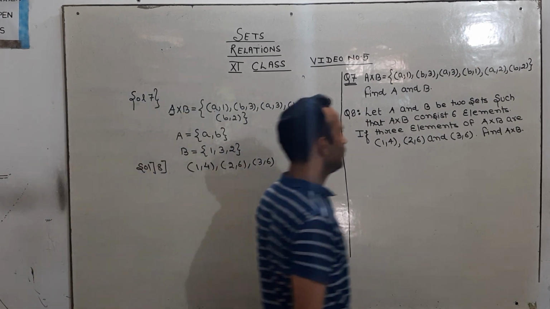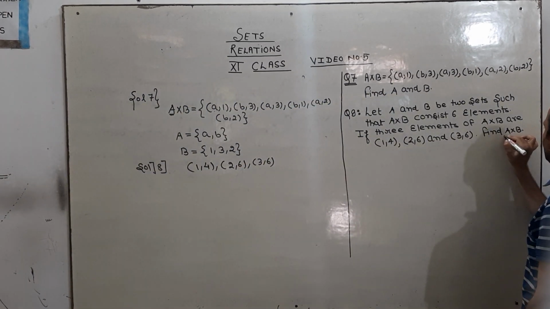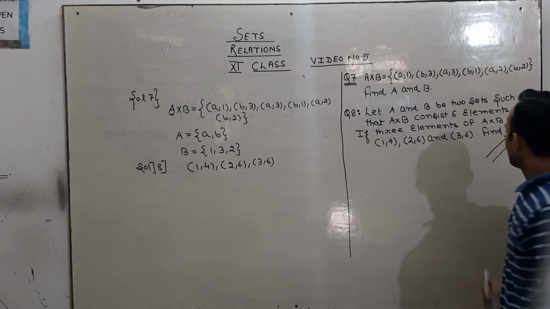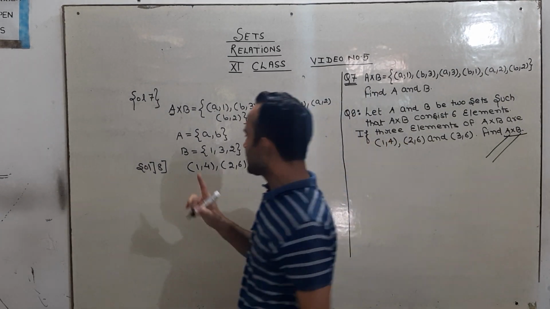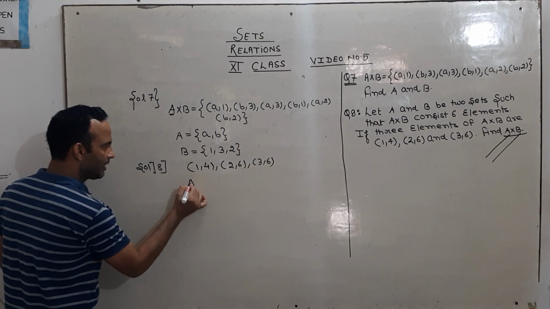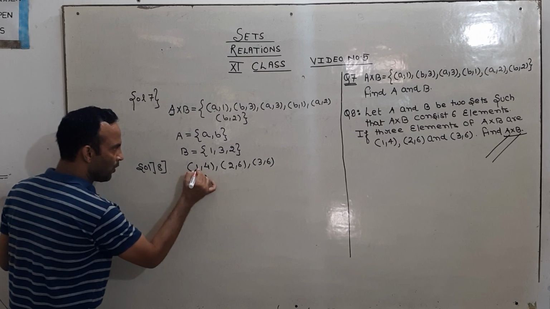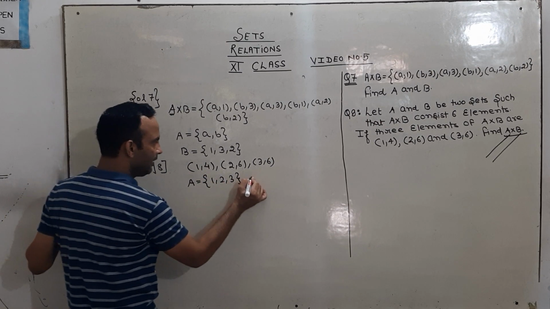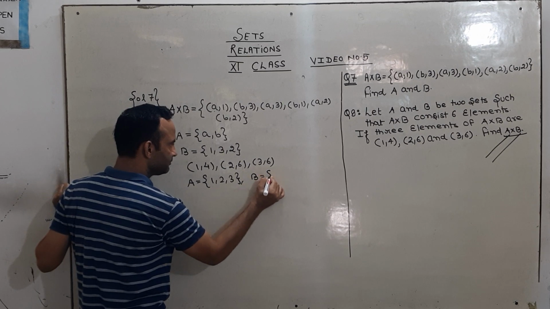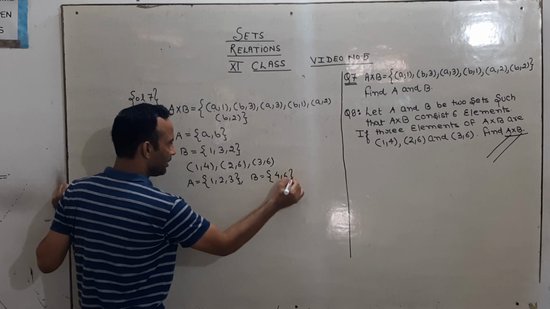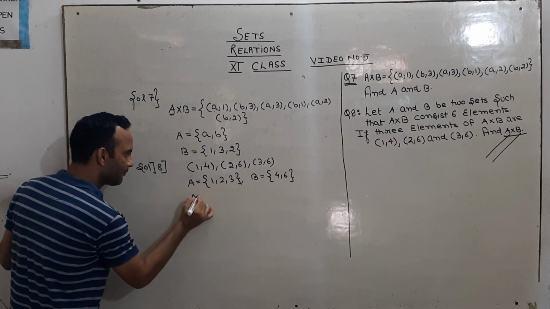My dear student, to find A cross B, we have to know the set A and the set B separately. So we can find the set A and set B separately with the help of the given information. From this information, we come to know that set A is {1, 2, 3} and set B is {4, 6}. Then what is A cross B?